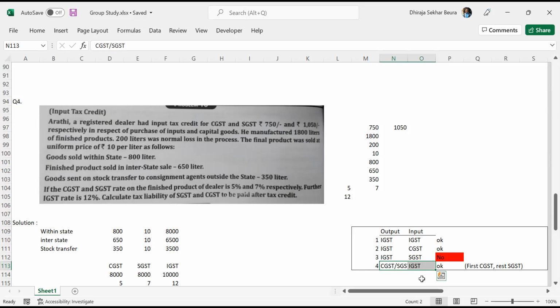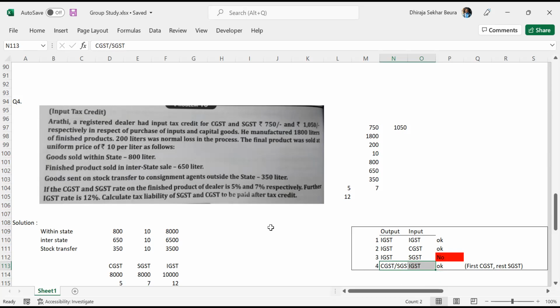Further, IGST rate is 12%. Calculate the tax liability of SGST and CGST to be paid after tax credit. So after you deduct all the available credits, how much is the final CGST and SGST you have to pay? Make sense? Or IGST, as the case may be.